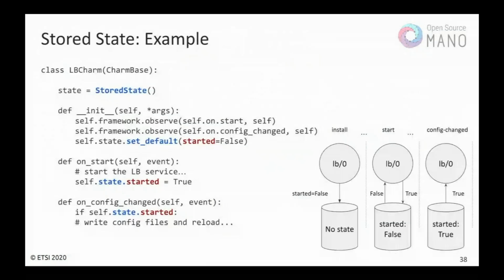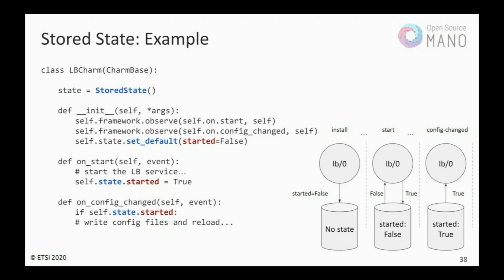We also introduced the concept of a stored state. This is to help you with modeling the lifecycle of your application based on some data that you persist between hook executions.